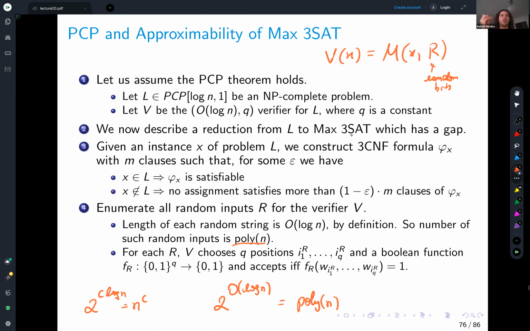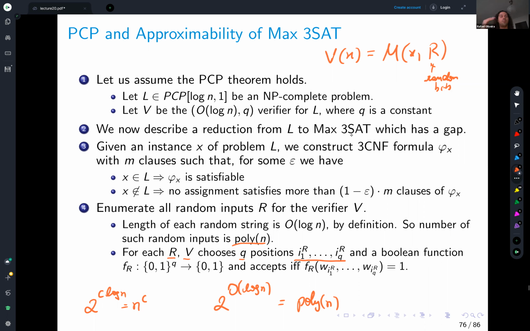So in particular, if V, when I fix R, is a deterministic algorithm, I know which positions of the proof I will query. Does that make sense? I already know the positions of the proof. For each R, V will choose Q positions, and I know which ones they are: i1 up to iQ of R. These just depend on the random bits, right?